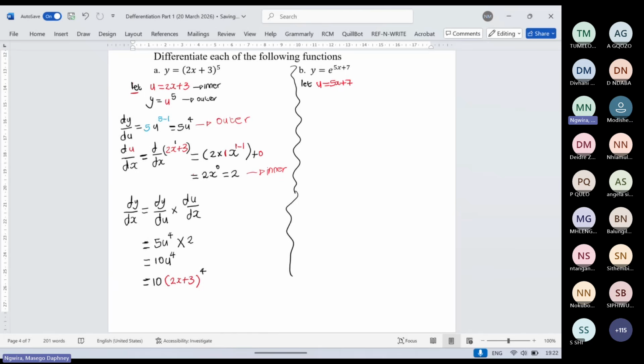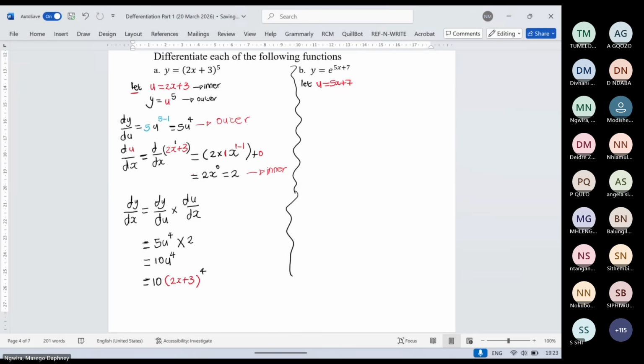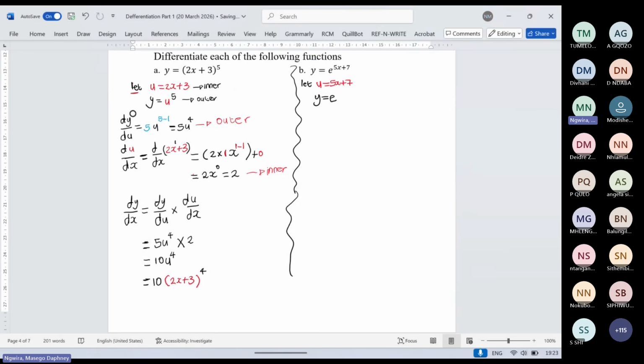And then if my u is 5x plus 7, it means that my function is y equals e to the power of u. So now what happens? This is my inner and this is my outer. Now I must derive my inner and my outer.